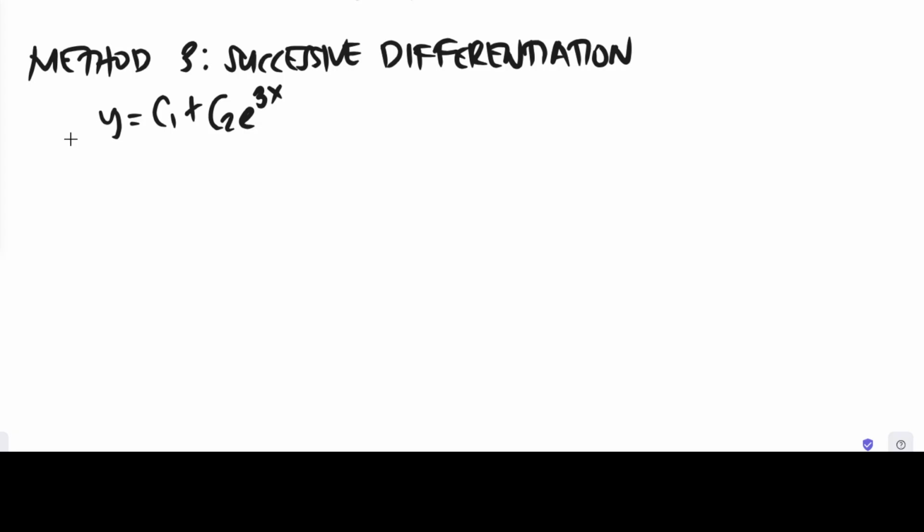So for the first derivative, C1 plus C2 e raised to 3x, directly differentiating, C1 will be eliminated. So we have the derivative of y, which is y prime. Now my tip here is to be comfortable with using primes.